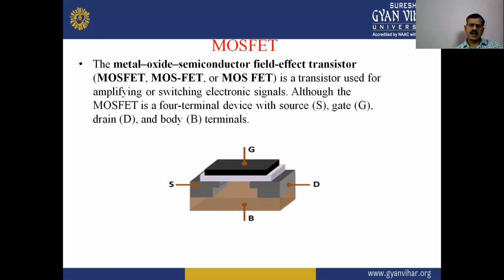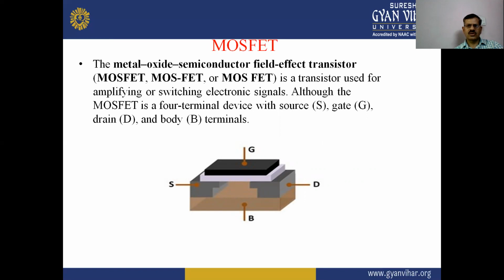Next device is the MOSFET, the metal oxide semiconductor field effect transistor. The MOSFET is a transistor used for amplifying or switching electronic signals.